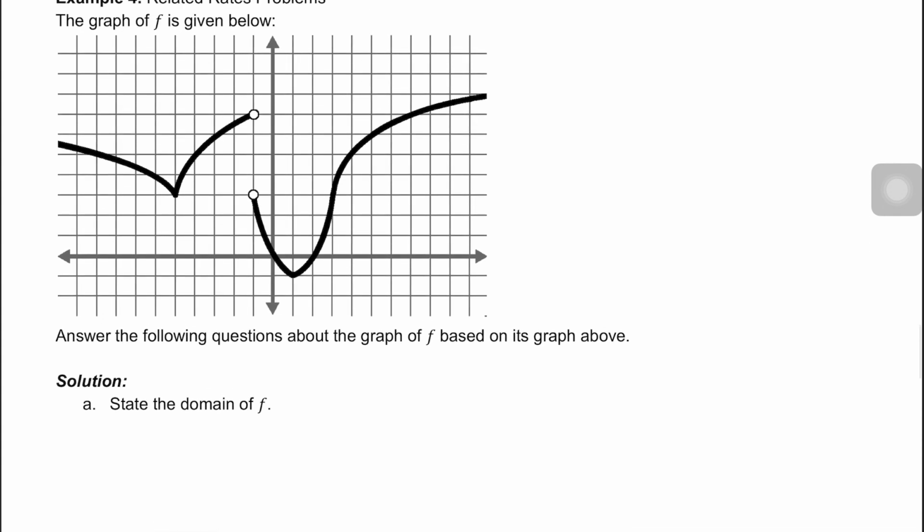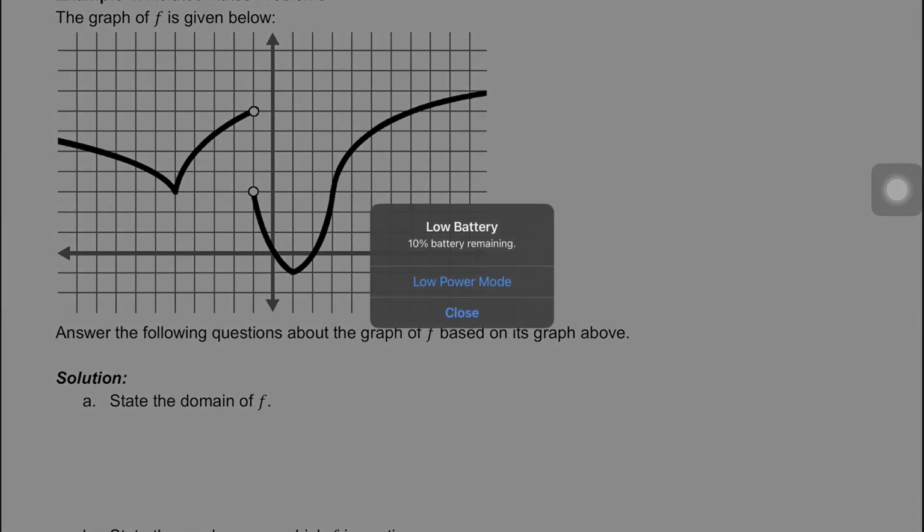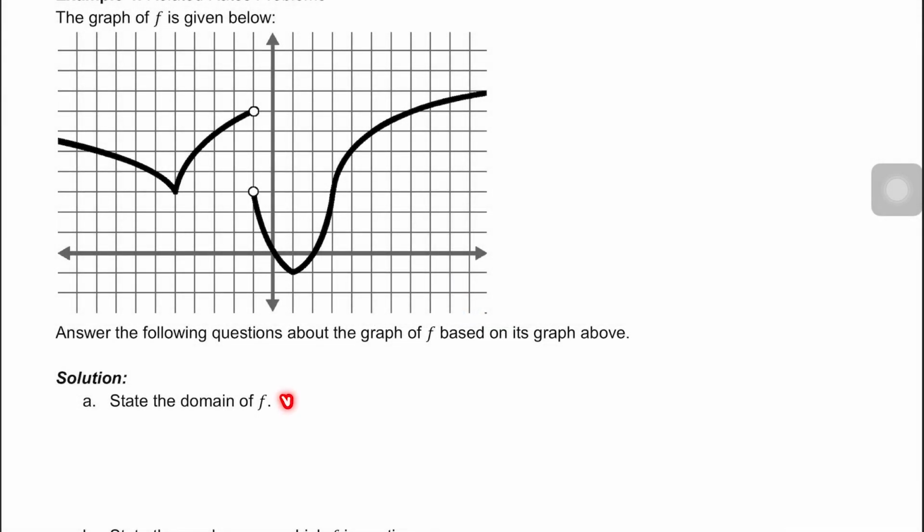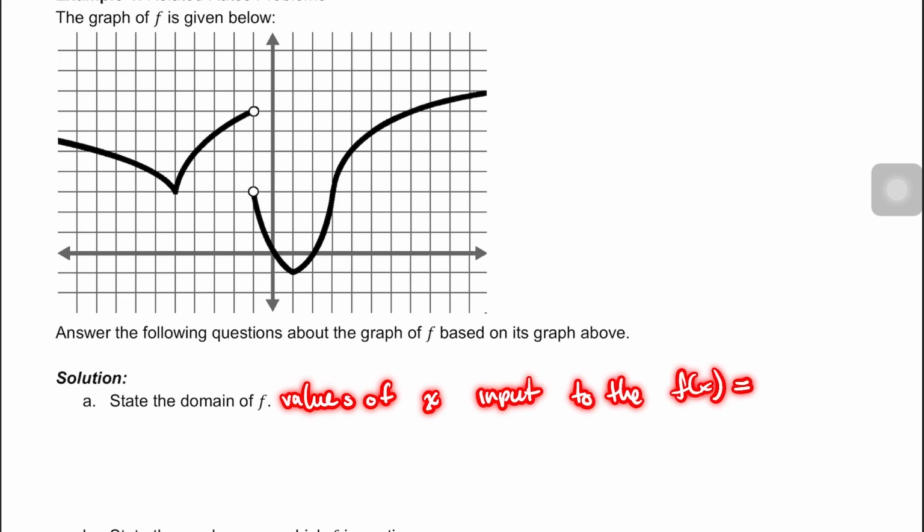The first part is asking us to state the domain of the function. Remember, the domain of a function is defined to be the values of x, the input to the function, for which you get an output of a real number.